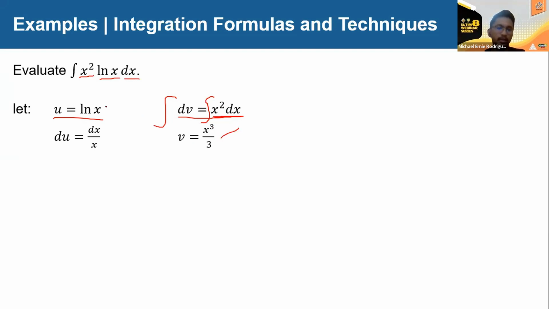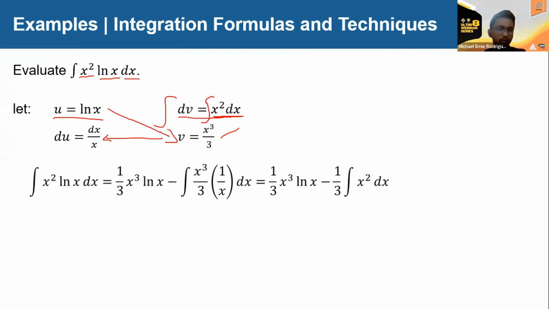Okay? So, we apply uv minus the integral of v du. Okay, kaya na kung ginagawa, no? So, uv minus the integral of v du. So, we have uv. So, we have 1/3 x cubed times ln of x.